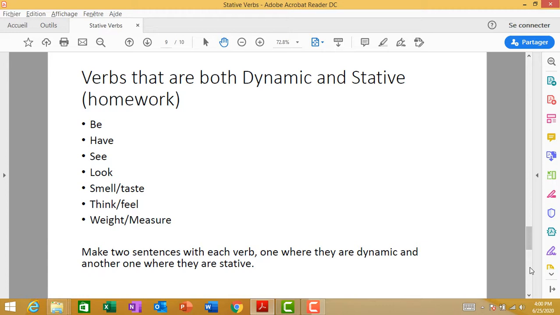I want you to do this as classwork. Make two sentences with each of these verbs, one where they are dynamic and another one where they are stative. So you will see, you can make sentences with them. If you do it well, you will find that it makes sense when you use the present progressive tenses with them.